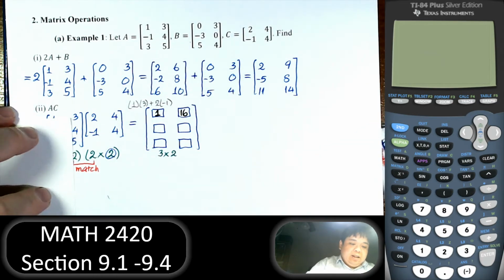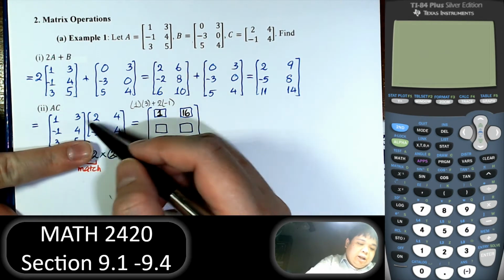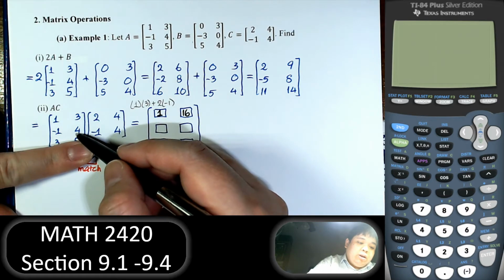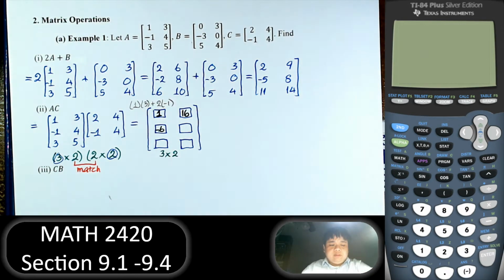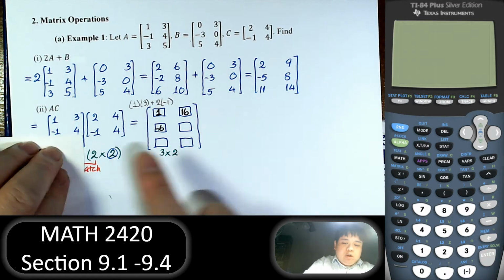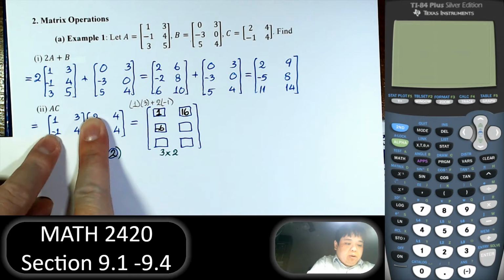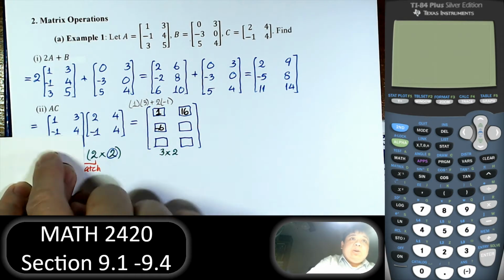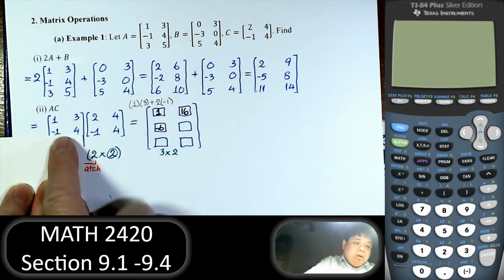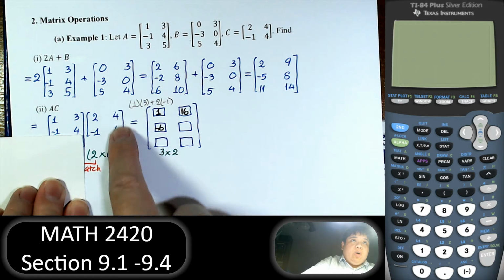And then next, this is on the second row, first column. So second row, first column, negative 1 times 2, negative 2, 4 times negative 1, negative 6. So of course when we multiply the row, there are 2 entries each. That's why a middle number mismatch fails. So that will be the corresponding. One goes across, one goes down.